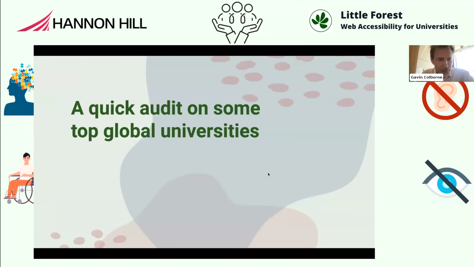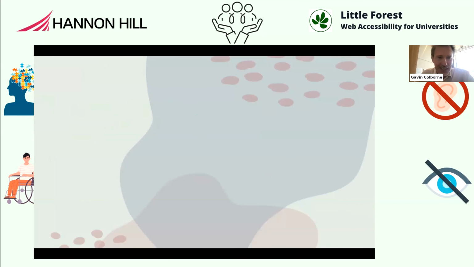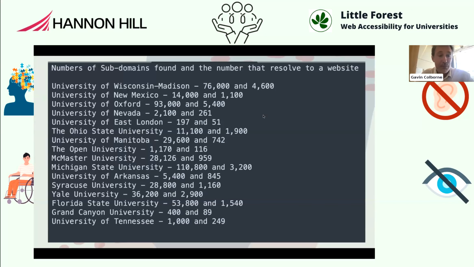So now for some of the fun stuff, we'll look at some of the top global universities, and we'll look at some of the numbers of websites we're talking about. These are the numbers of subdomains that were found, and this is just a set of random universities. These are all in the US, and you can see a wide variety.